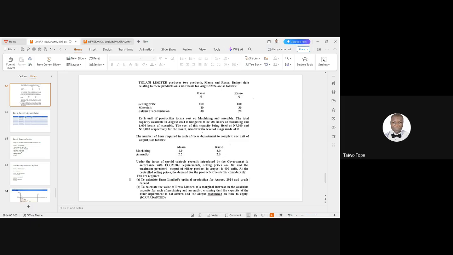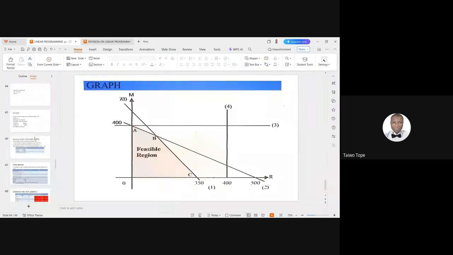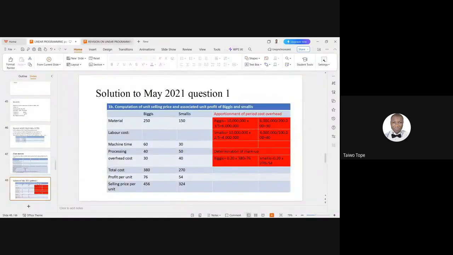There are various ways you can compute shadow price, but for this class, we'll look at the simplest arithmetic method, where you add one unit of scarce resource to the available maximum quantity given. I will refer you to the question in the Pathfinder where they use this approach.